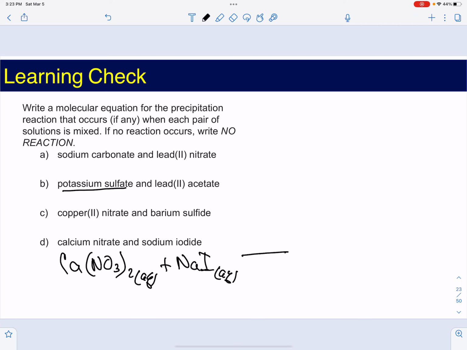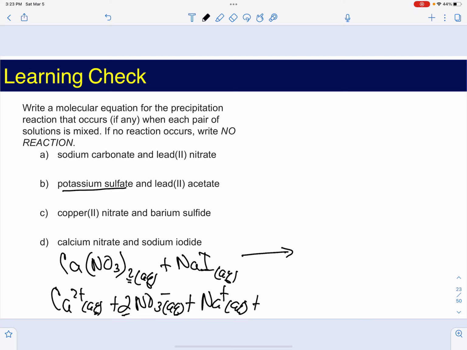And that's going to produce, well, let's see. Let's break it first so we can see it. Calcium 2 plus aqueous, combining with two nitrate negatives, so the 2 comes from there, which is also aqueous, combining with sodium plus, which is aqueous, combining with iodide, which is aqueous also.